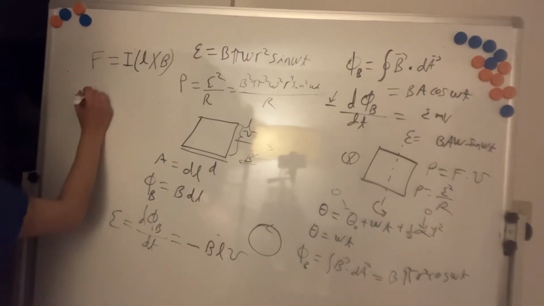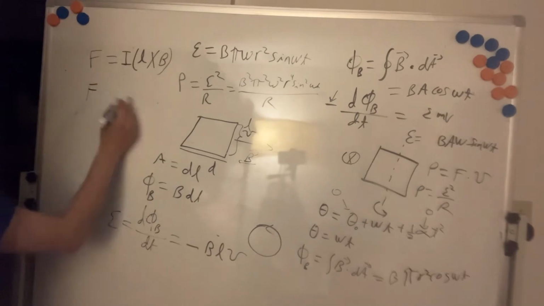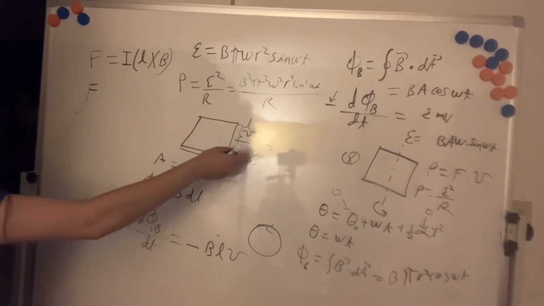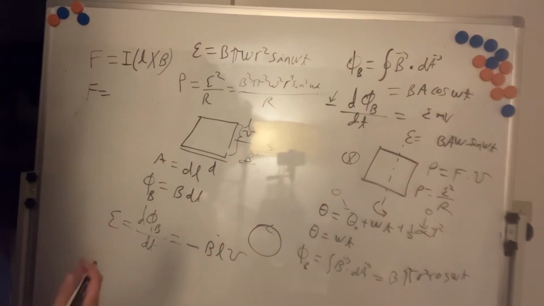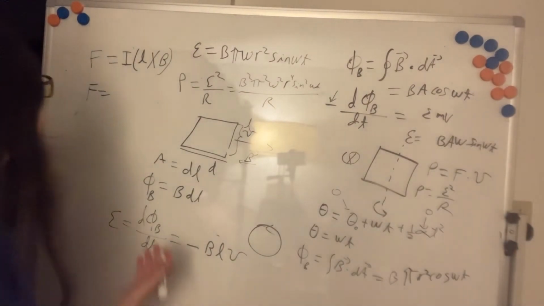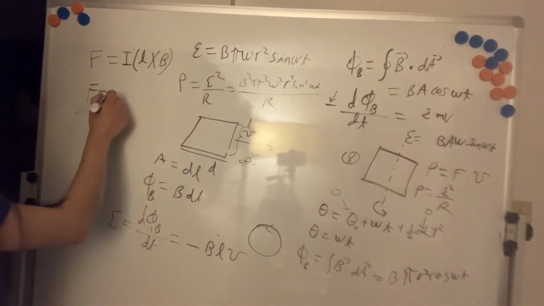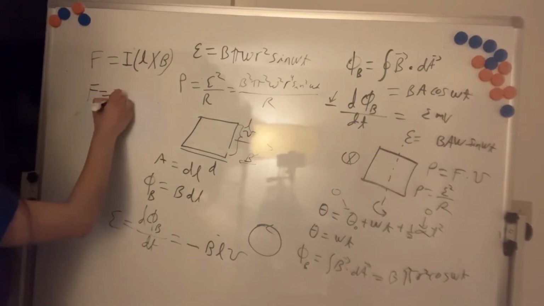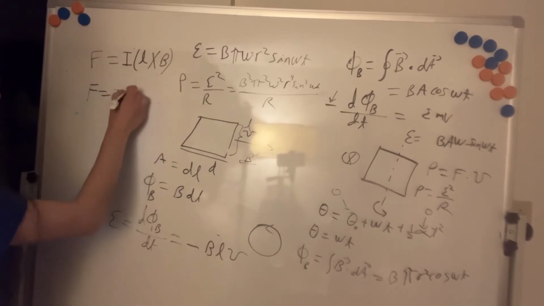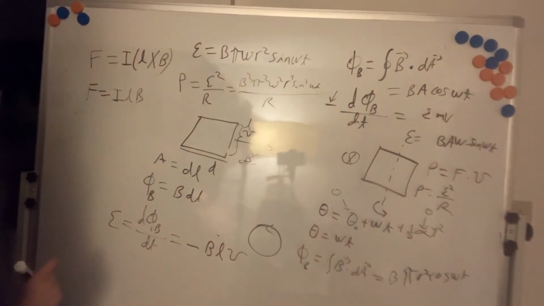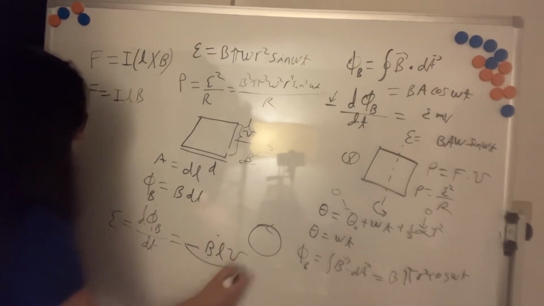So here we have the force. In this case, we could say that it is perpendicular to B, so we could forget the sign. So we just have the current times L times B. So it is this. The electromotive force is here.